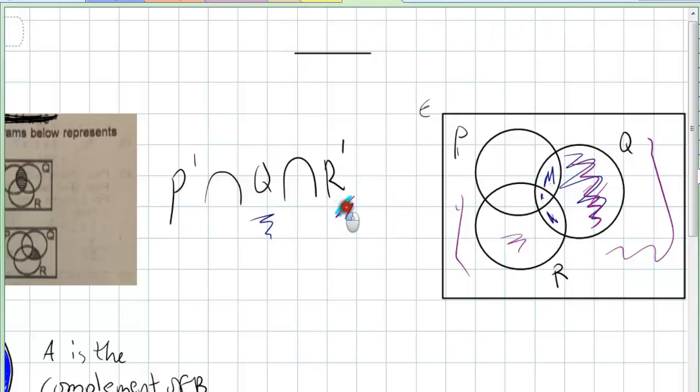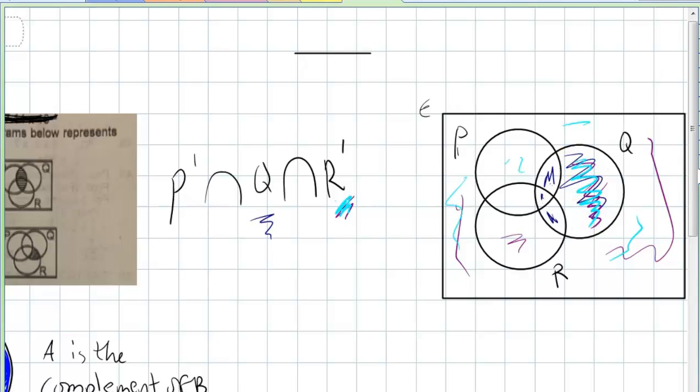So this is R prime. This is the circle of R, that's the circle of R. Everything outside of it is R prime. How much of all about here is included in Q? Well, that's this section right here. So the only part where all three colors are involved is all of this.